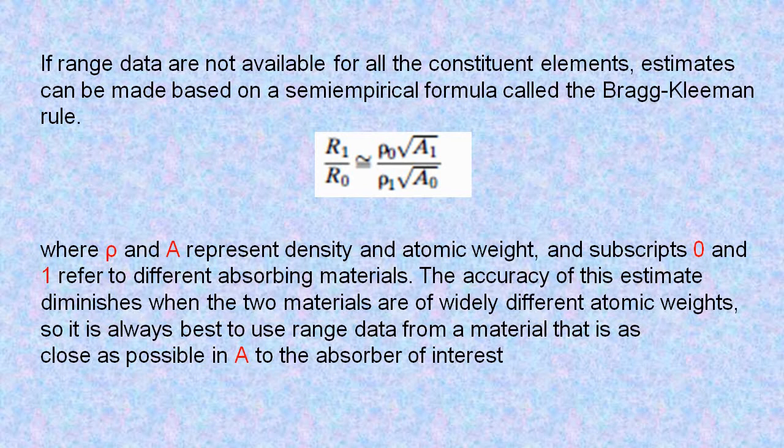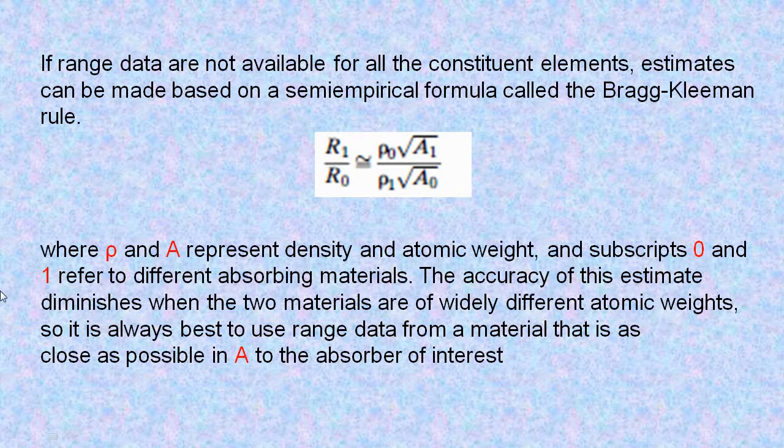If range data are not available for all the constituent elements, estimates can be made based on a semi-empirical formula called the Bragg-Kleeman rule: R1 by R0 approximately equal to ρ0 root of A1 by ρ1 root of A0, where 0 and 1 represent two elements, and ρ and A represent density and atomic weight.